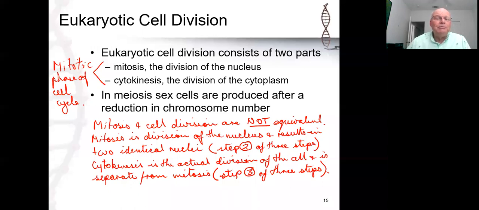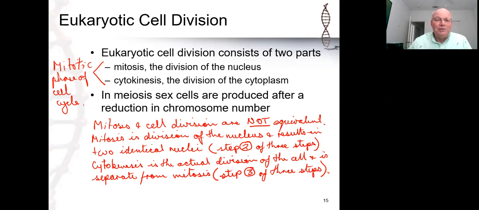And so because we put mitosis and cytokinesis together within the mitotic phase, there is a tendency to think of mitosis and cell division as the same thing.